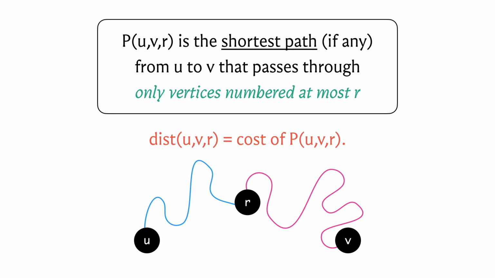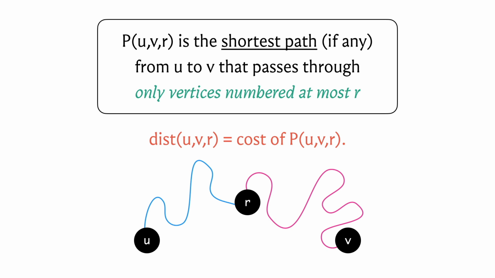So they're not going to repeat any vertices, and in particular, they're not going to repeat the vertex R. So we know that the blue and the pink subpaths, excluding the end vertices, which are U, R and V respectively, only use vertices labeled at most R minus 1 as the intermediate nodes.